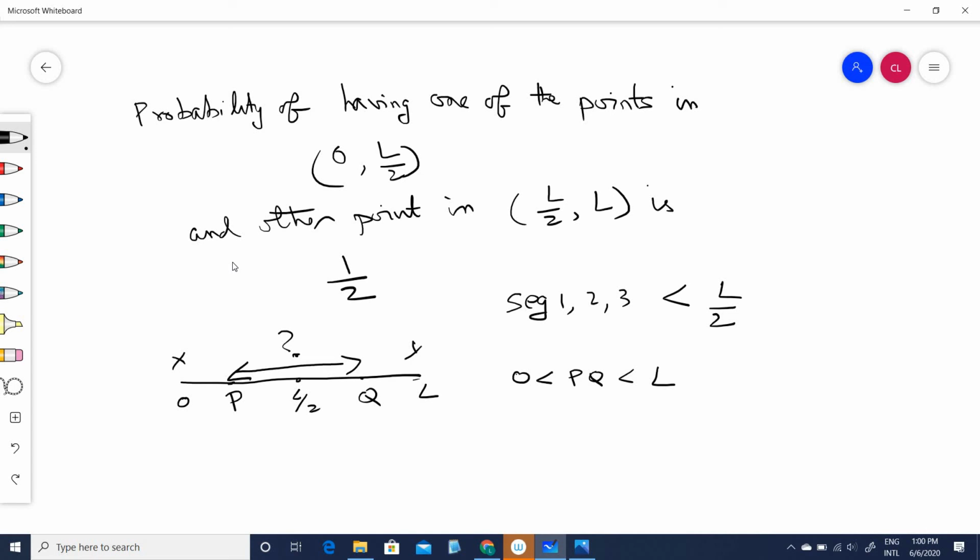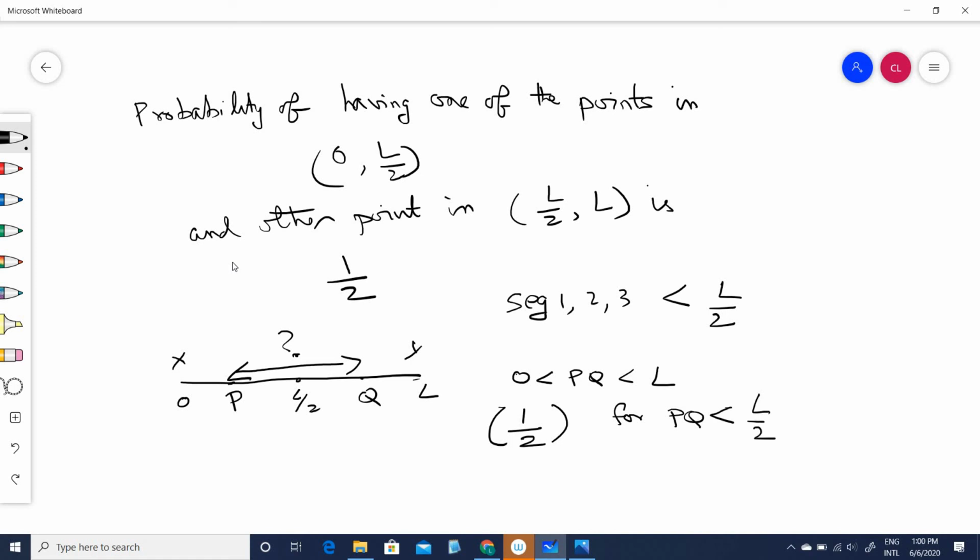When we are putting these points randomly on the line, there is equal probability for it to be anywhere between 0 and L. However, we want it to be less than L by 2, which means only in 50% of the cases, which means the probability is half for PQ, which is the third segment, to be less than L by 2.